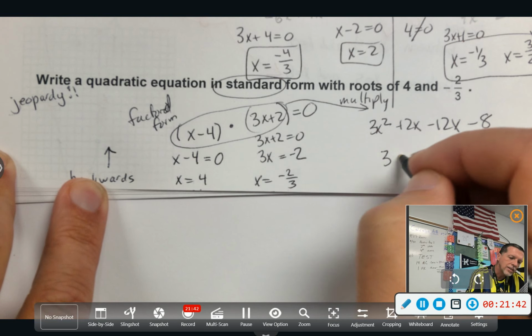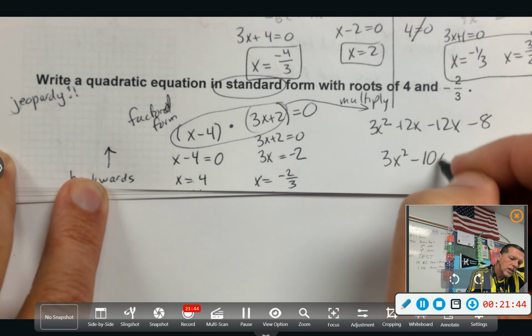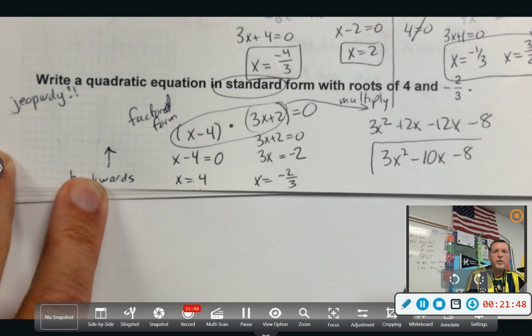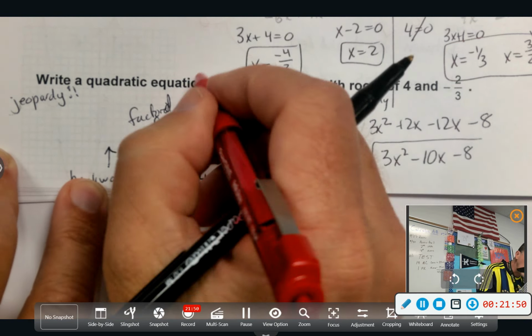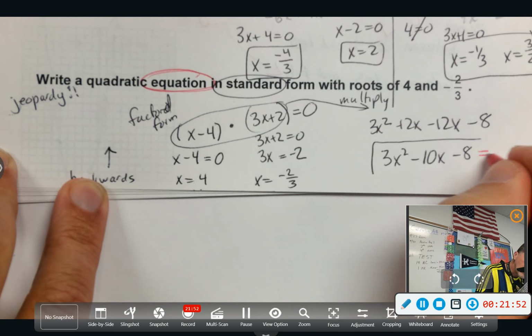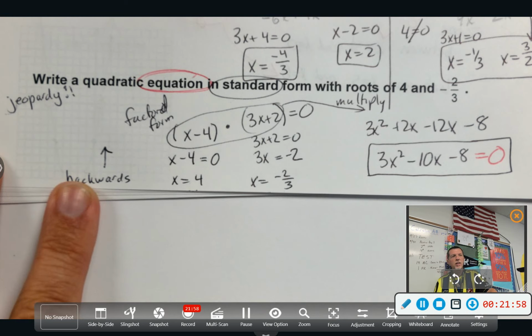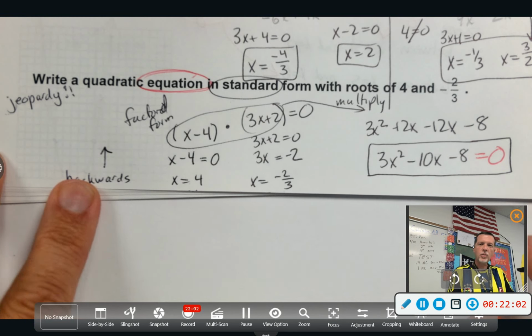Then combine like terms. I don't want to box that up because it asks for an equation, so it needs to say equals 0. So working backwards. Kind of weird.